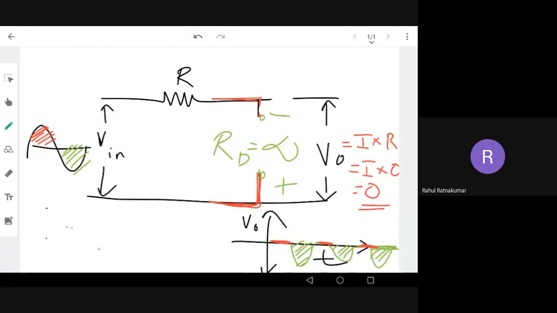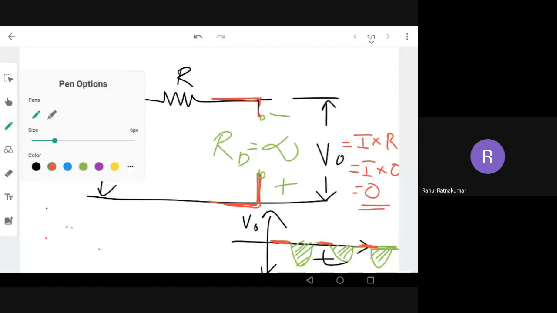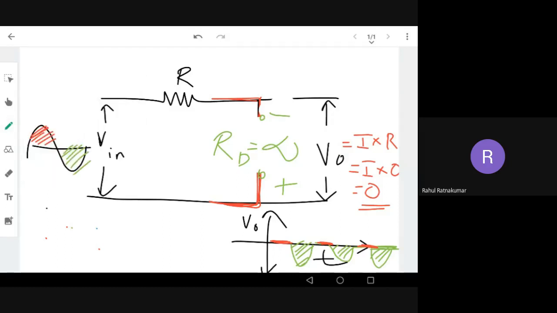When it comes to a practical or real diode, every device has some resistance, right? We assume an ideal diode doesn't have any resistance, but a real diode has some resistance, and so some voltage drop. We have discussed that we need to model the diode using one voltage source, which is 0.6 volt or 0.7 volt, and a resistance.